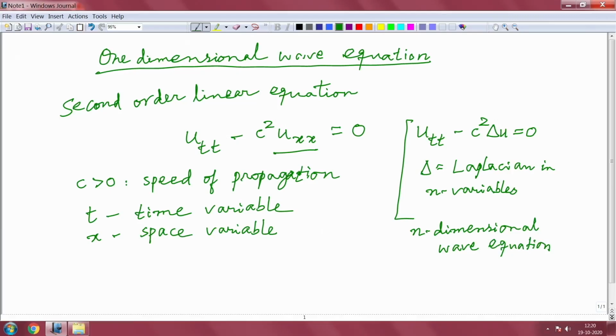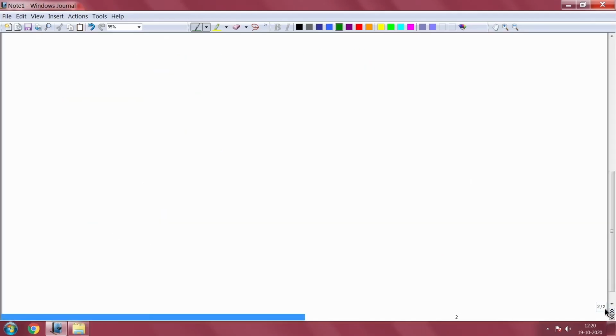Okay. A physical situation where this equation arises generally represents vibrations in a string.